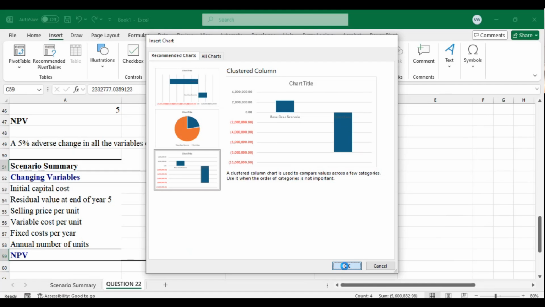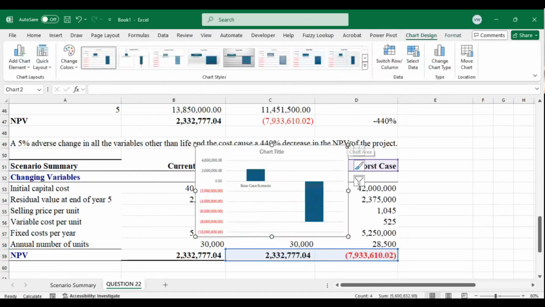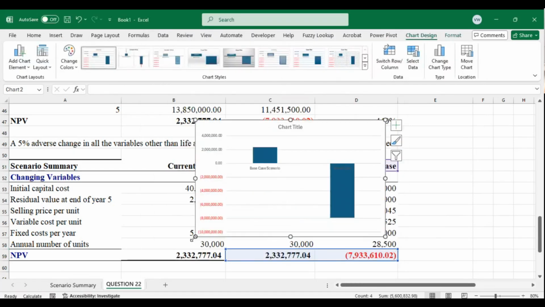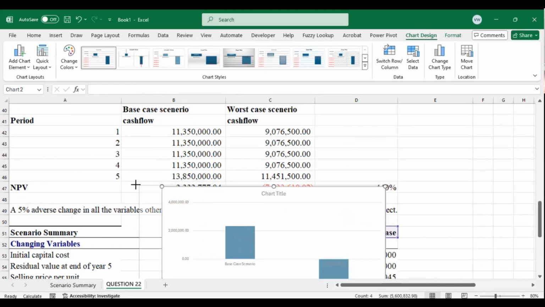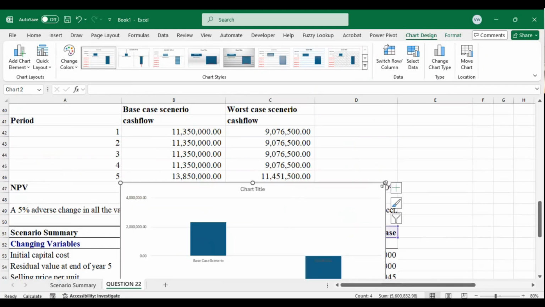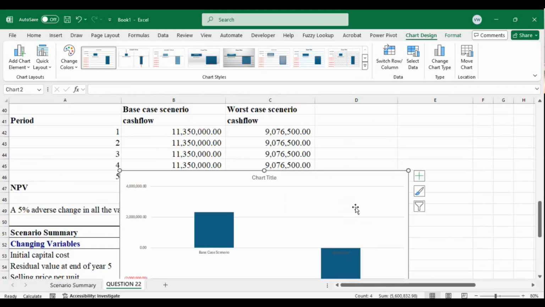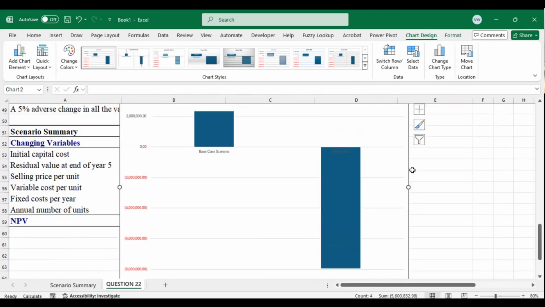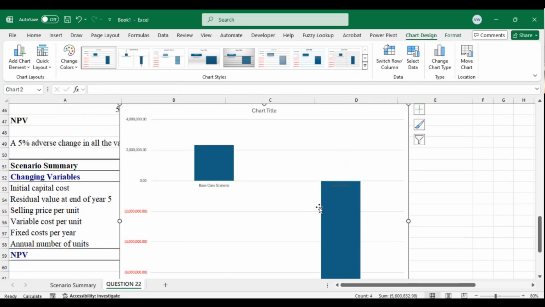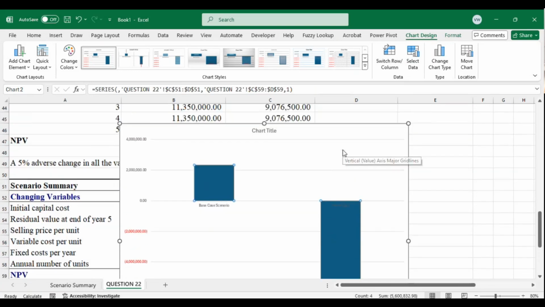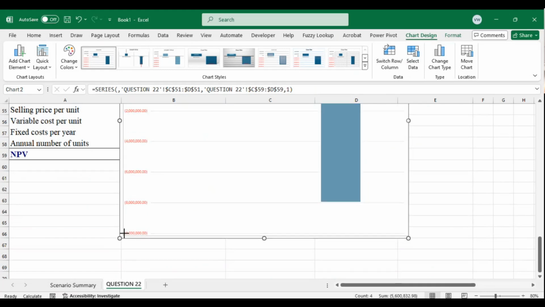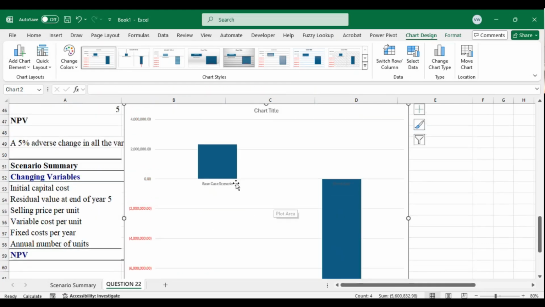Then I can say okay, and this is my column chart. The column chart is showing the NPV, and this is the best case.